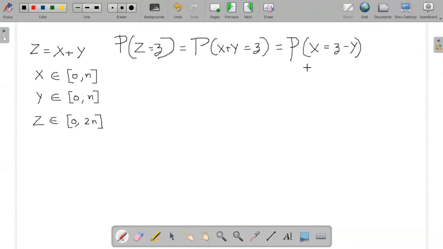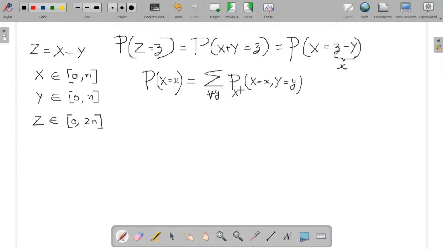From the PMF of X, we know the probability capital X is equal to, I am writing small x, this is equal to, from the joint PMF of x and y, the PMF of x is equal to summation for all values of y, the joint PMF of X is equal to x, comma Y is equal to y. This is the joint PMF of x and y.